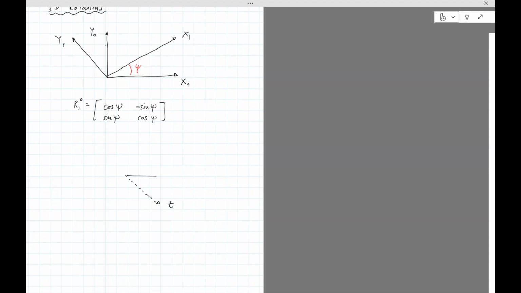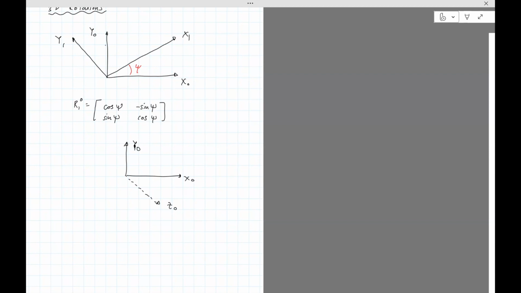Then we have x0, y0. So this is clearly z0. And when you're doing this psi rotation, what you're doing, in fact, is you can take your right hand, point your thumb in the direction of z0, and curl your fingers, and that is how psi is defined.